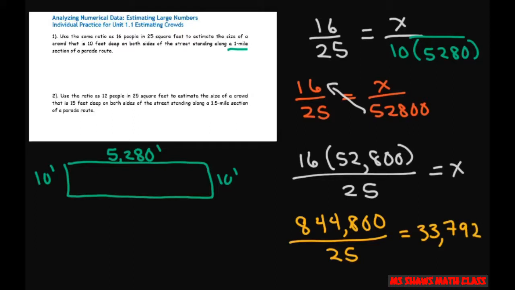Okay? So what you might want to do is try to do the same thing with these other ones. Here's number 2. So we have 12. Okay, we're doing people to area, square feet. So we have 12 is to 25 as x is to our area. So let's look at what we have.